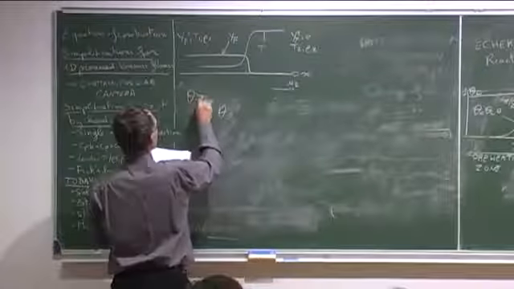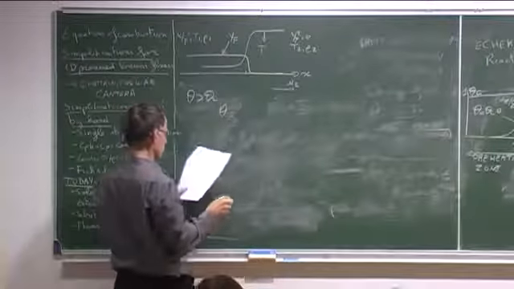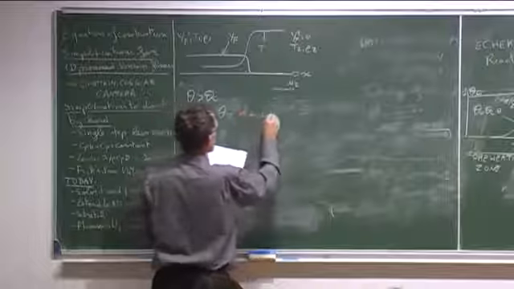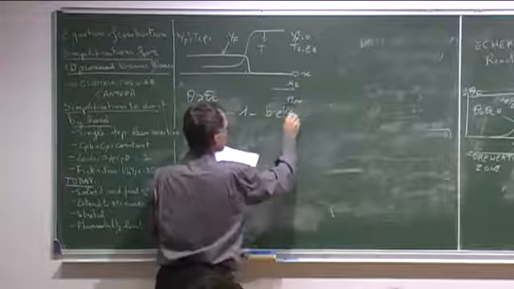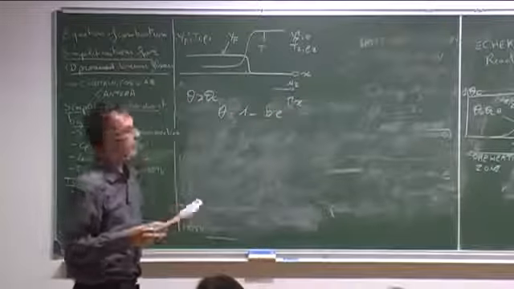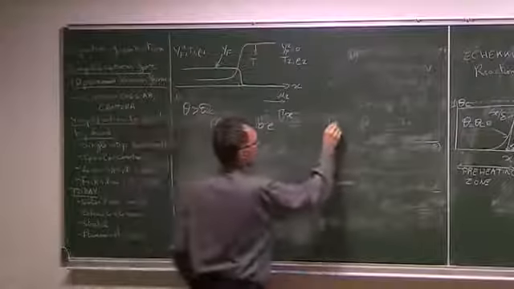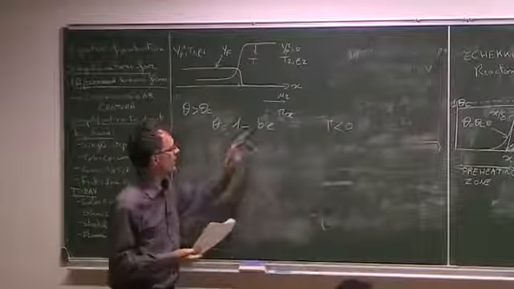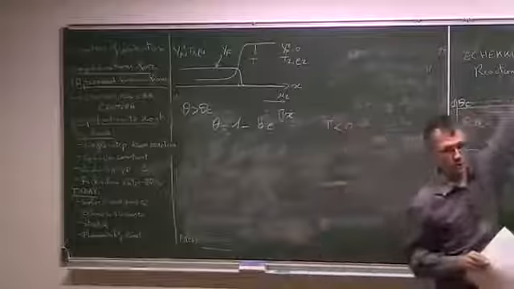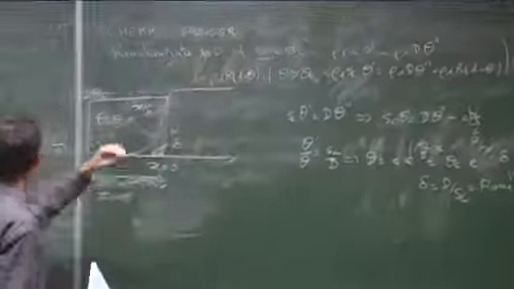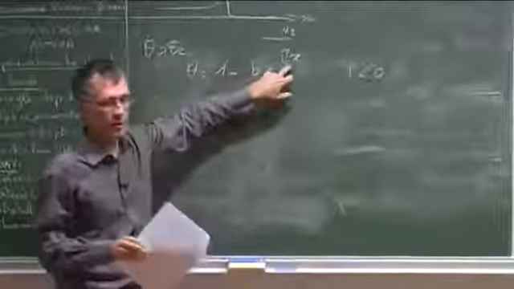So if temperature is larger than the critical temperature, we write the solution under this shape, 1 minus b exponential gamma x. And gamma has to be negative, okay? Because when x goes up, I don't want temperature to jump like this, okay? I want temperature to go to unity, so gamma has to be negative.